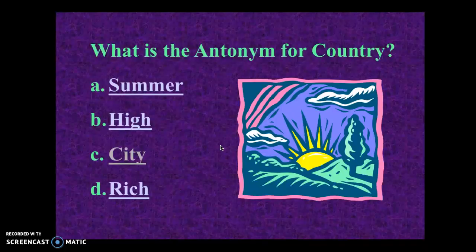Now, summer and country don't mean the same thing, but remember, opposites are completely different from each other. So high, yeah, it's not the same as country, but it's not the opposite. City, that could definitely be the opposite of country. And rich, once again, not the same thing, but not the opposite. So the answer here would be C, city. City is the complete opposite of country, which makes it an antonym.